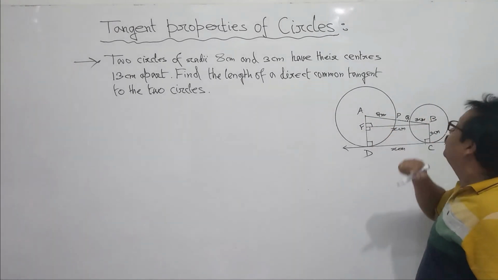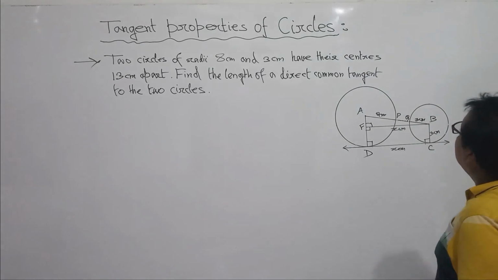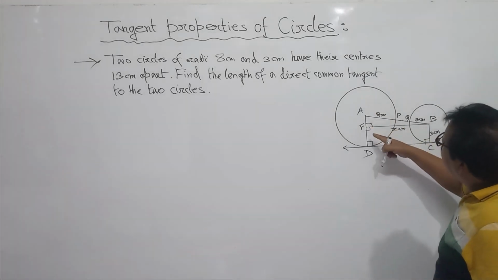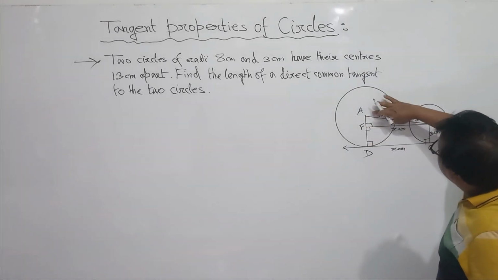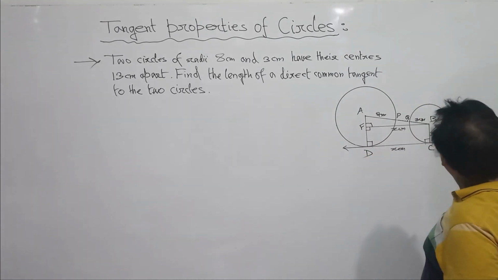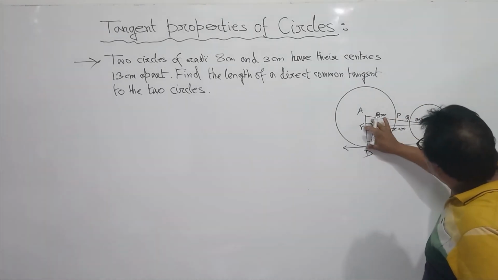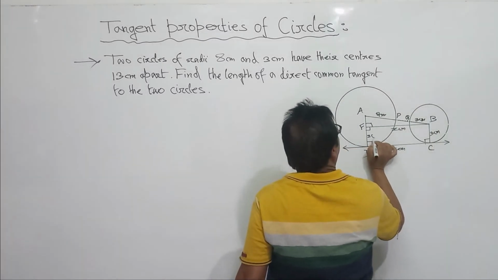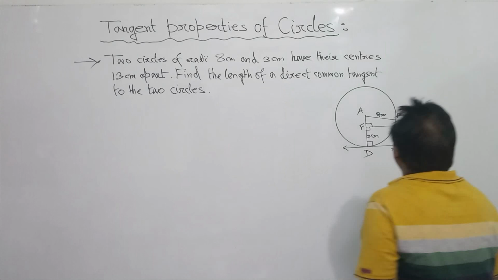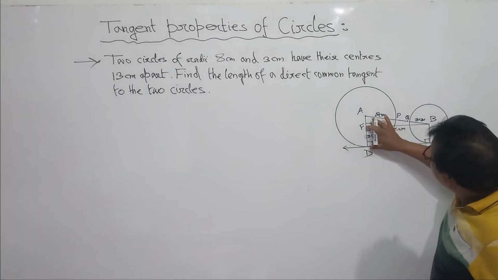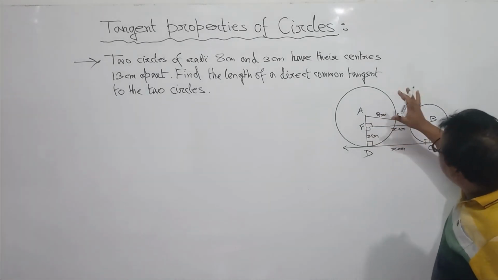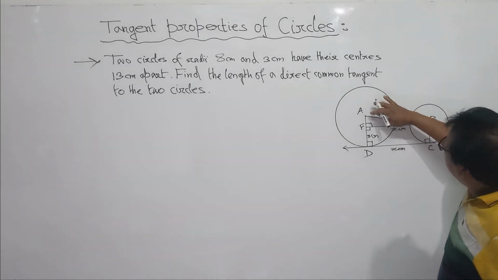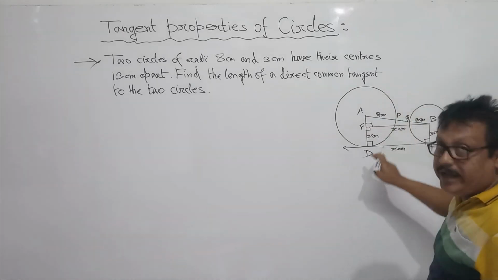Right angle at F. Now what is the length of AF? You have to find. Total length AD is 8 cm since radius. BC is 3 cm, so DF also will be 3 cm since rectangle. So FD is 3 cm, AD is 8 cm. So what will be AF? 8 minus 3.